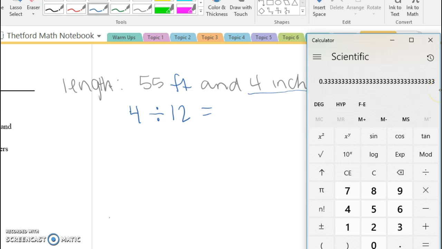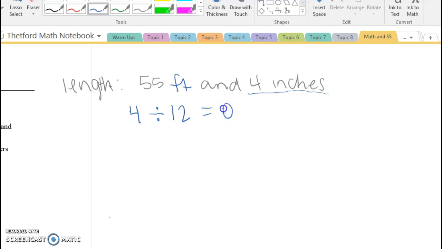To make this calculation a little bit easier, we are going to round to the nearest hundredth. That means we are going to stop at our second 3 after the decimal. So 4 divided by 12, we are going to say is 0.33 feet.